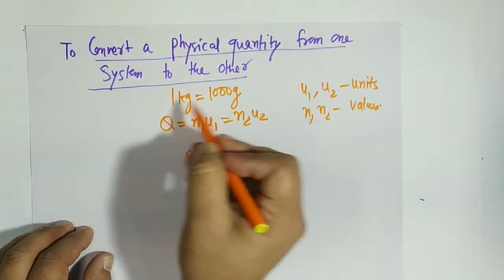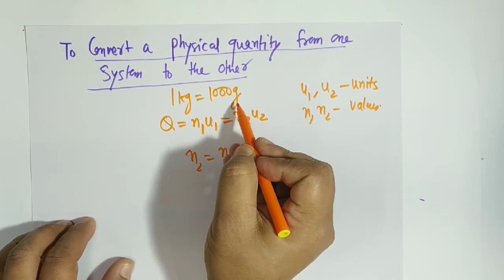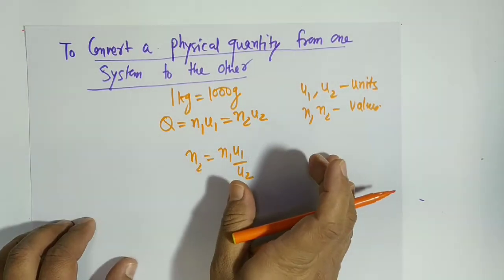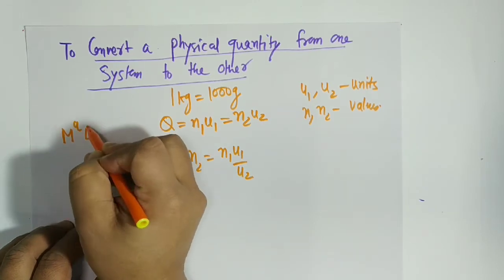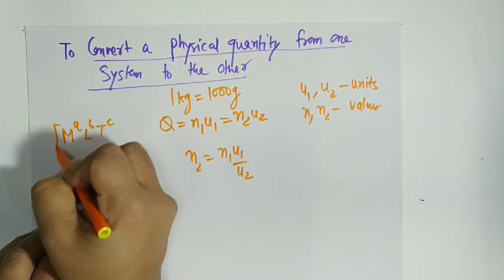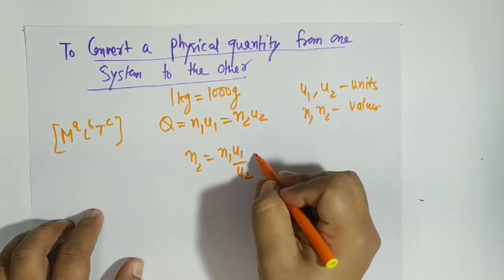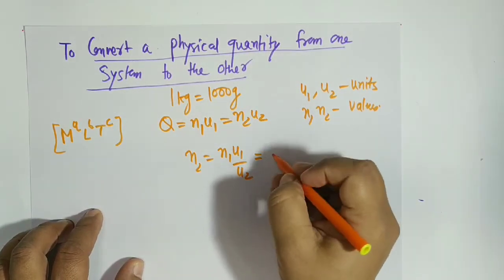Maybe 1 kg equal to 1000 gram, the dimensional formula remains the same for any quantity. That is, if we say M to the power a, L to the power b, T to the power c, a general form, the dimensions will be the same. So can I write it like this?